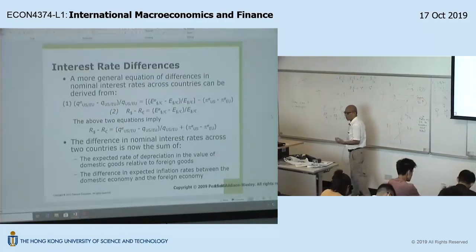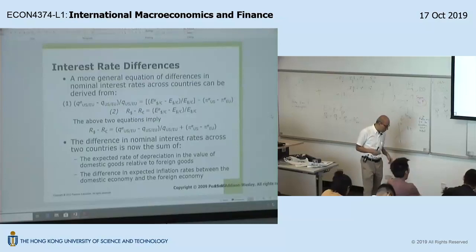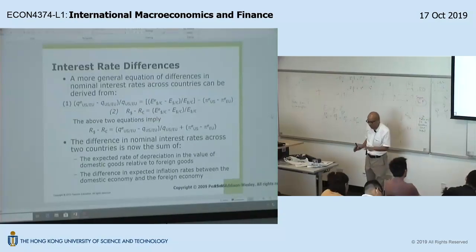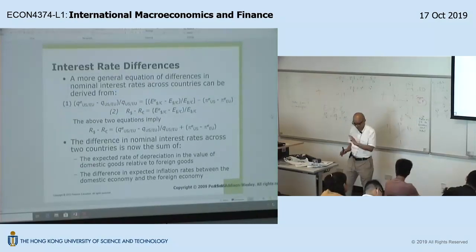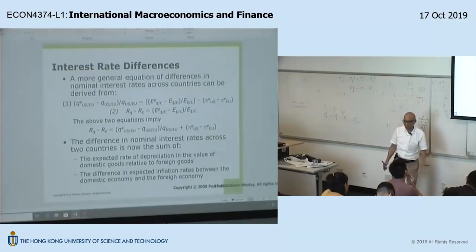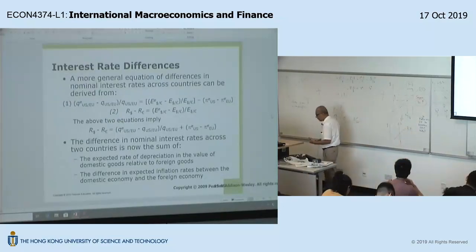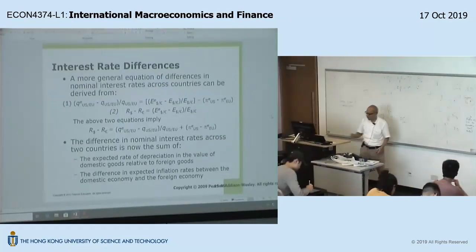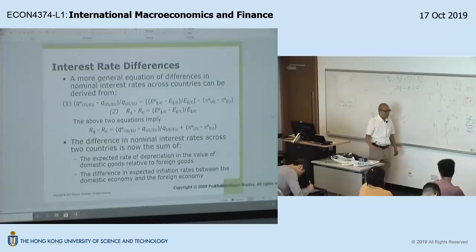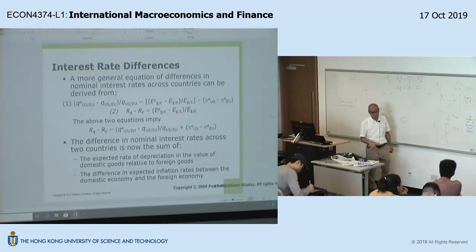So on the real side of the economy, suppose the country's economy is in secular decline, then Q can be rising, because it can be depreciating in a long-term decline, a long-term real depreciation. That can also lead to a high interest rate.